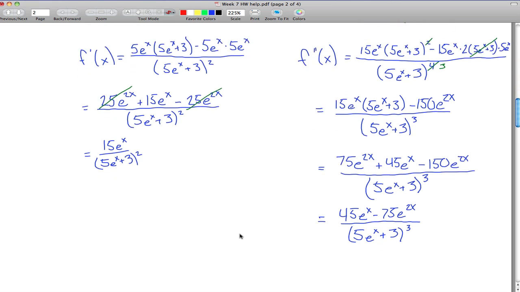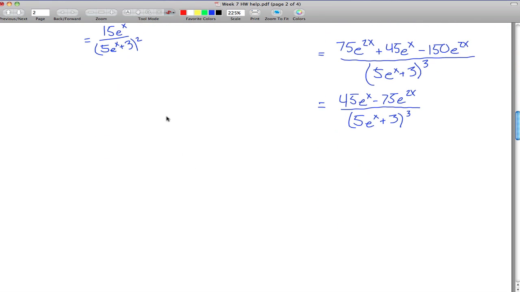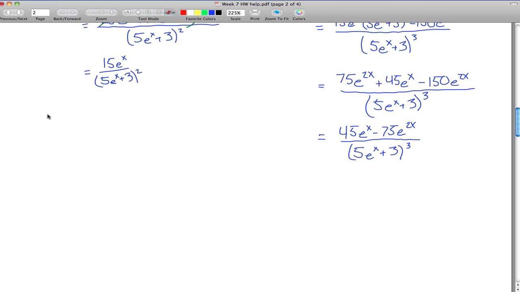So from here, you can start to answer all the numerous questions they ask you. Maybe I'll do a couple of them. I think one of them would be something like, when is f of x decreasing? And the way you have to figure out when f of x is decreasing, it's when f prime of x is less than 0, and f prime of x is this guy right here.